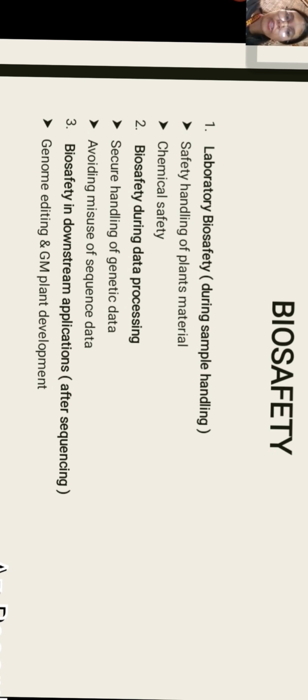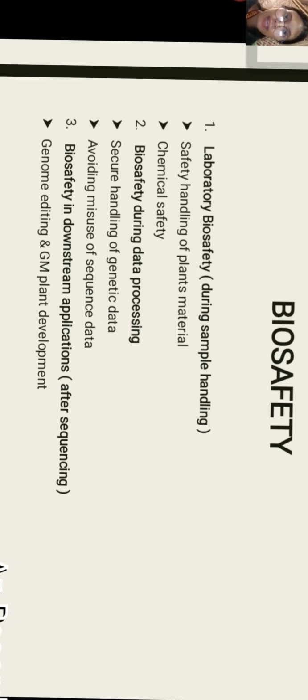Why does it matter? Some samples may carry bacteria, viruses, or other harmful materials. Mishandling can cause illness or contamination. So, in simple words, be safe when touching lab samples.